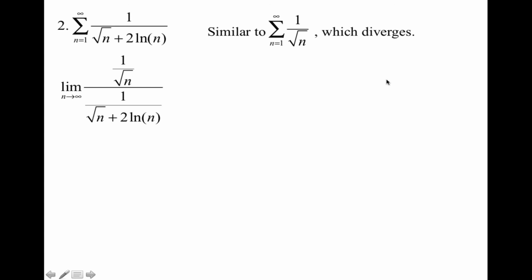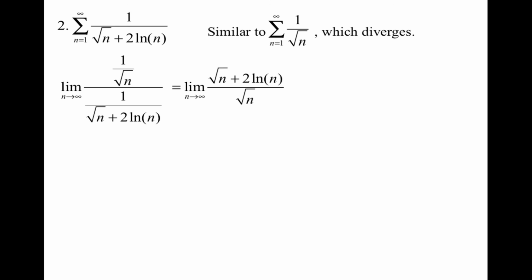All right, let's take a look at this example. So this series is similar to 1 over the square root of n. So this diverges because it is a p-series where the p is 1/2, which is less than 1, so therefore it diverges. So now I'm going to go ahead, put one series on top of the other, simplify it.